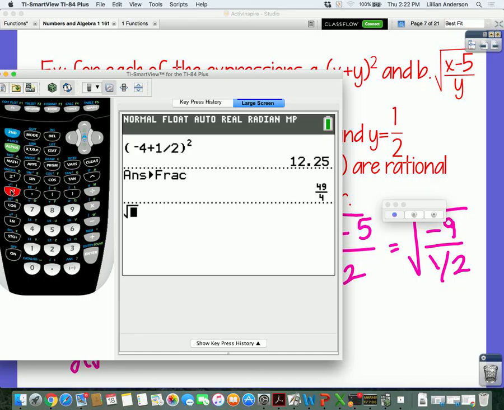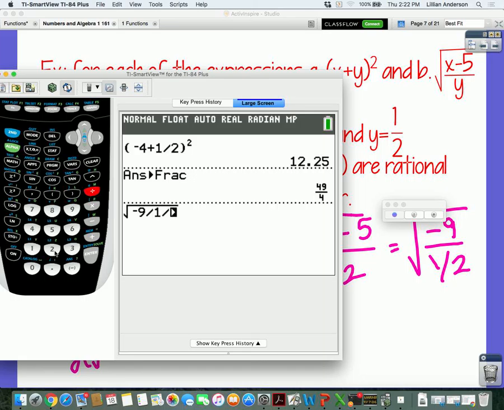And now let's type it in. -9 divided by 1/2. Careful. Remember I said the calculator does order of operations, which means it does it to the T. If you don't put 1/2 in parentheses, you're going to get a completely different answer. Let me show you.